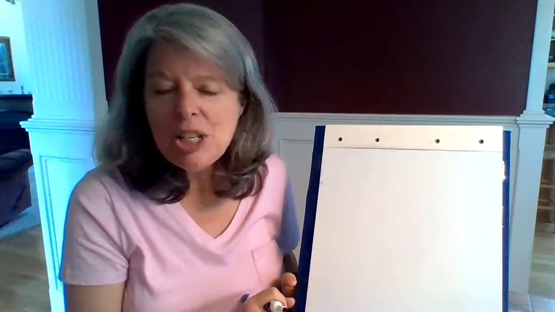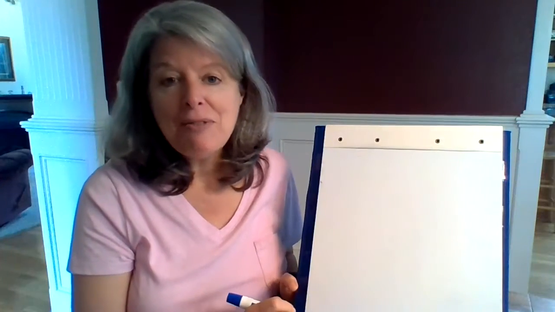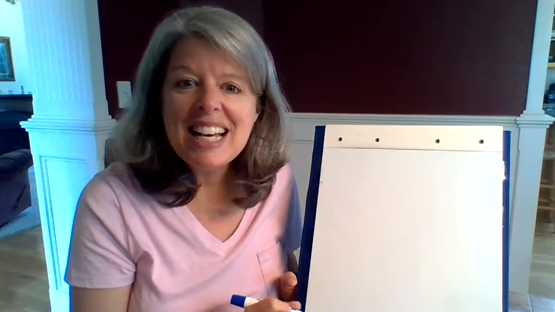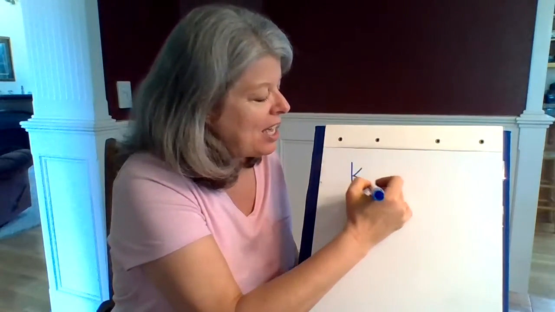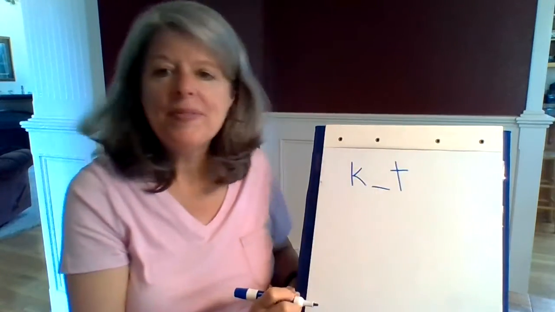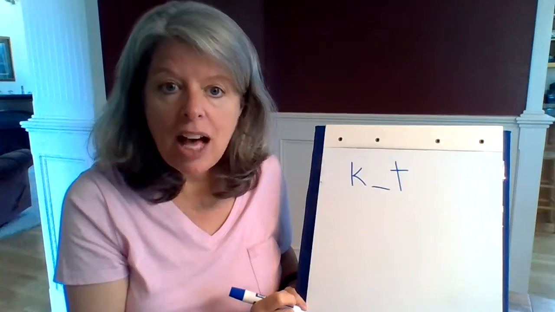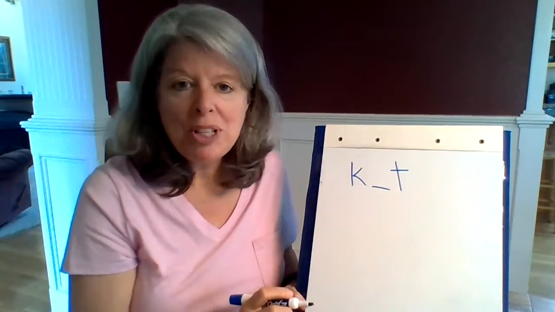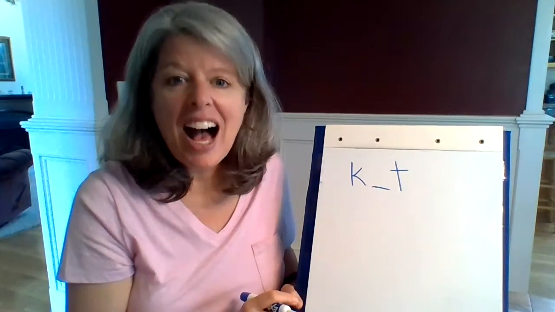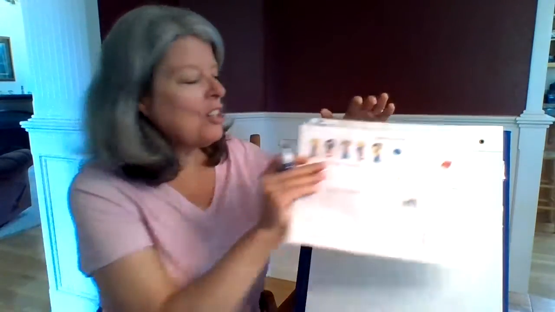All right, so our first word is something that's fun to fly on a windy day. It's a kite. Spell it. Kite. All right, now I left out the vowel so we could talk about it. Kite has what vowel sound in it? I. That's right. Is it short or is it long?